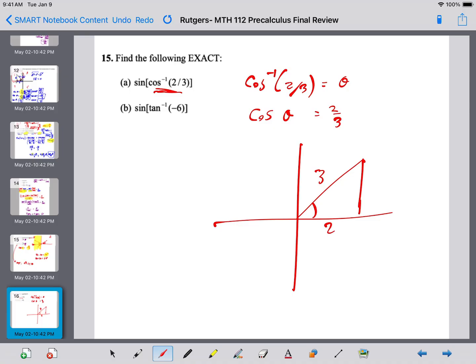Let me make sure this isn't a calculator question. Question 14. It's not a calculator question, so.